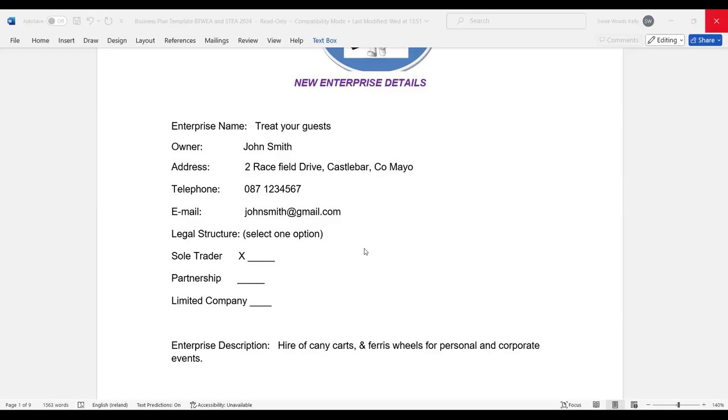The three legal structures are sole trader, a partnership, or a limited company. If you decide to trade as a sole trader, you're effectively electing to become self-employed and you don't have a business partner. You're also personally responsible for the business as a sole trader.